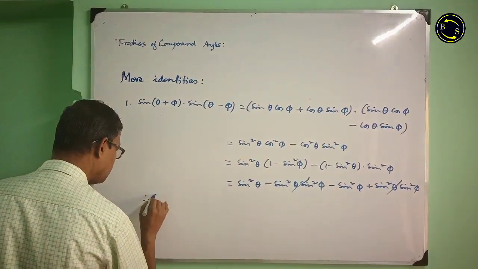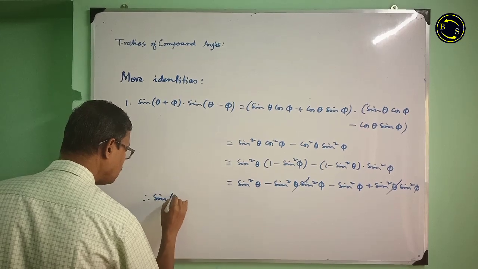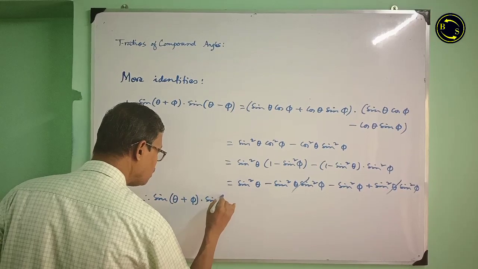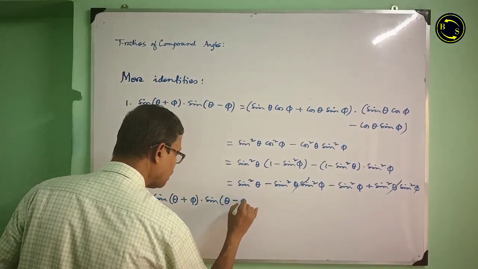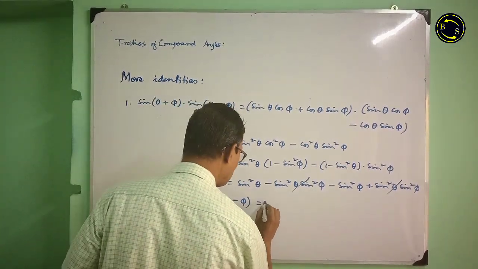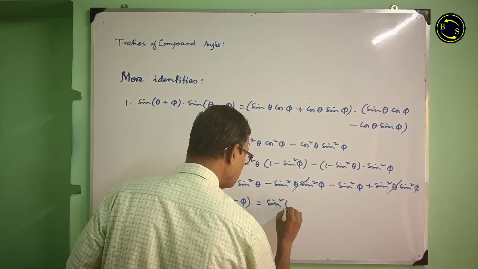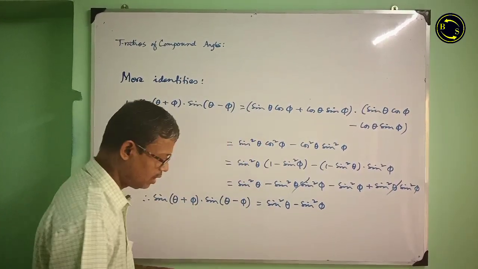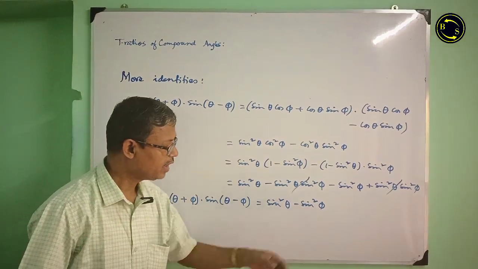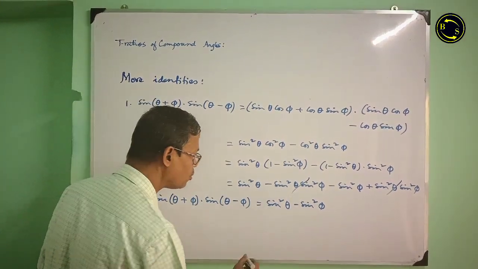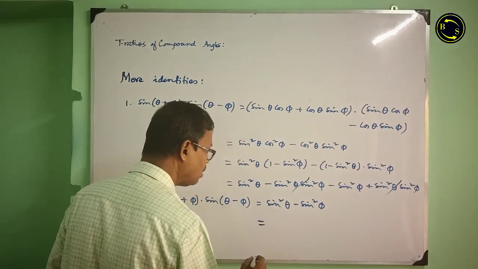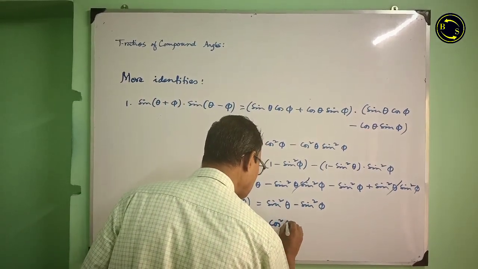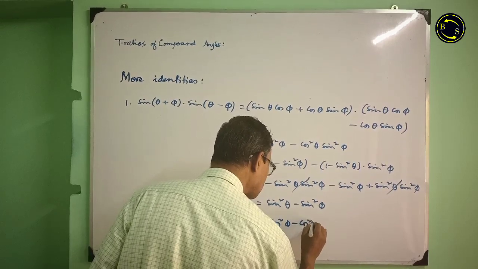Finally, we get sin of theta plus phi into sin of theta minus phi, that will be equal to sin square theta minus sin square phi. We can now express this in terms of cos, and that will be equal to cos square phi minus cos square theta.